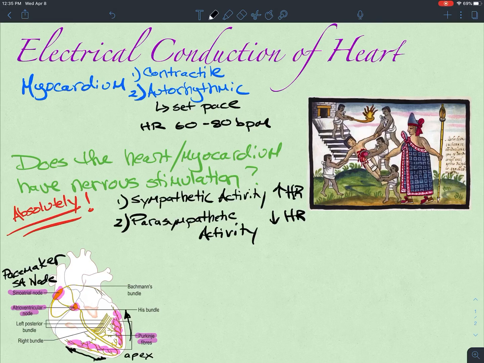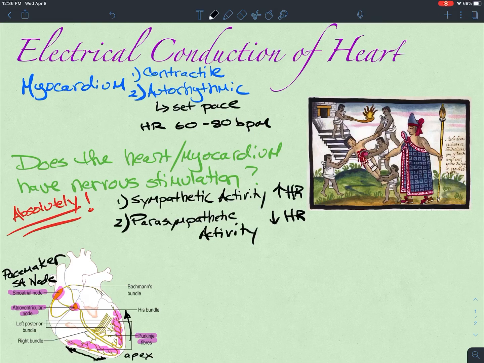So we look at this picture up at the top right, that's some representation of a ritual sacrifice. And one of the premises with these ritual sacrifices is that they would rip a heart out of a victim and the heart would continue beating outside of the body. And that's probably pretty unrealistic for one reason, and it's a significant reason.